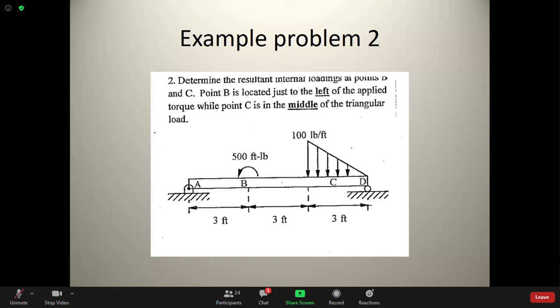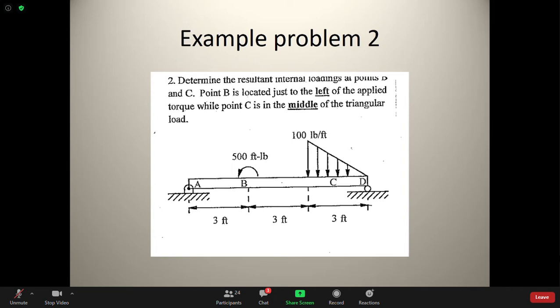Correct. How do we get it? By finding the area under the distributed load. The area of this triangle: this is 3 feet, and this is given as 100 pounds per foot. So the area would be 1/2 times base, which is 3, times height, which is 100. So this becomes 150. In other words, this load is 150 pounds.